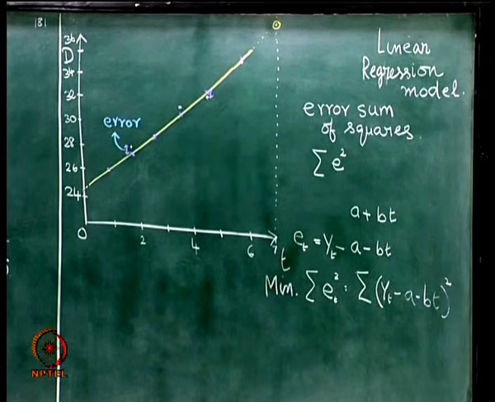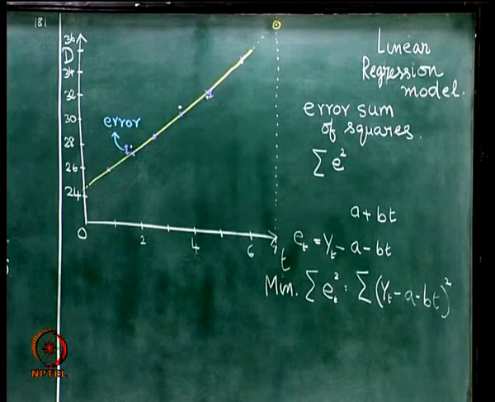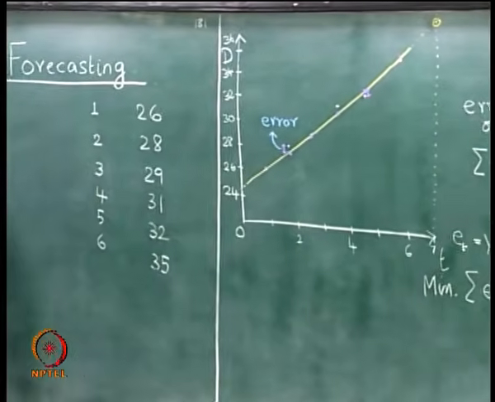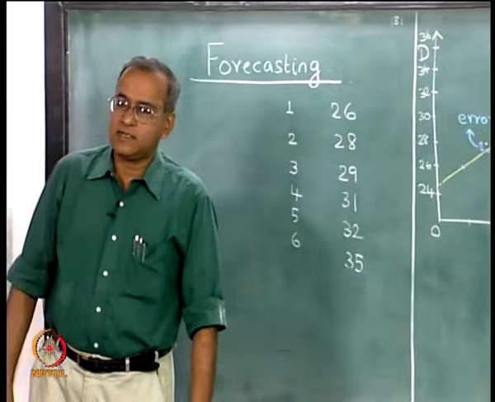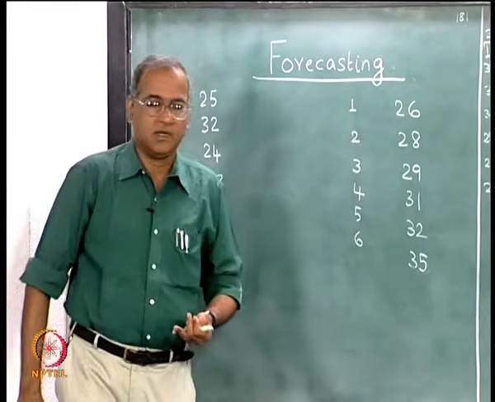What have we done, or what are the assumptions behind this method of linear regression for time series data with trend? First thing we have done is we have considered all the data points. Second is we have given equal weightage to all the data points.